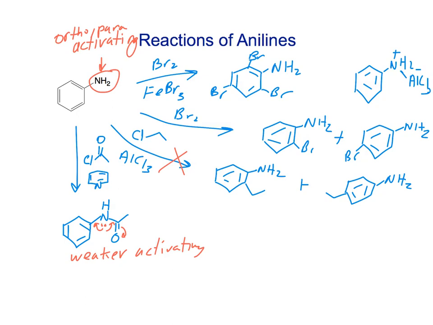And in fact, because it's a weaker activating group, if we now try to do the Friedel-Crafts reaction, it won't coordinate the aluminum trichloride. Okay? So in some ways it's kind of like a protecting group, but it's more like a modifying group. So it modifies the reactivity. So now, if we want to do this Friedel-Crafts reaction, okay, now this will work.